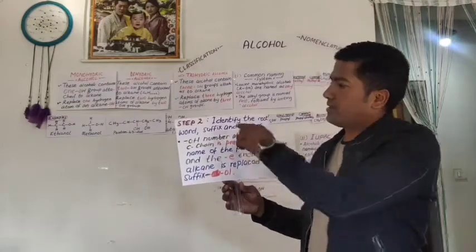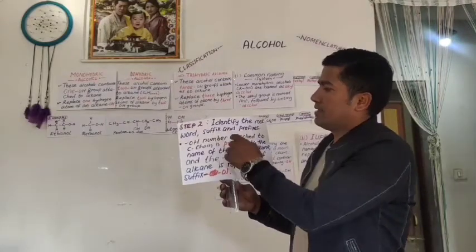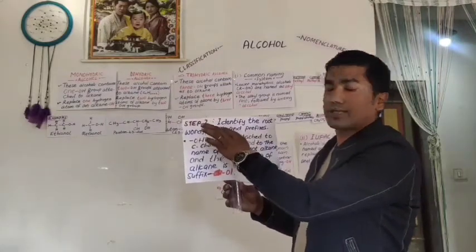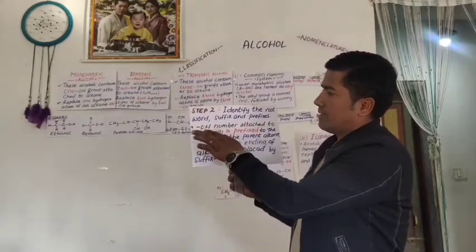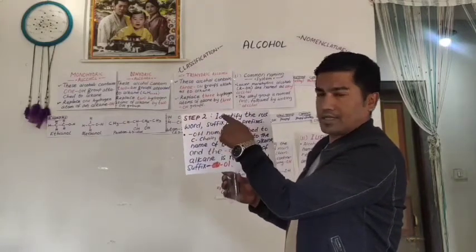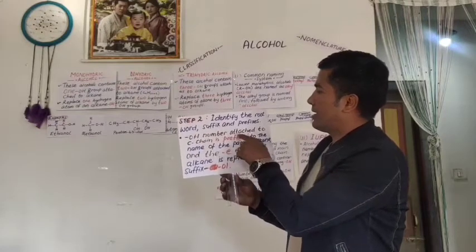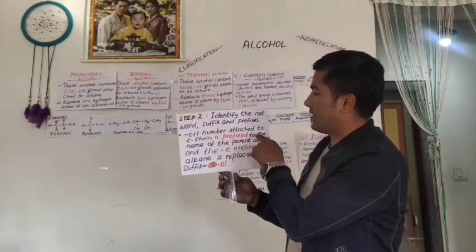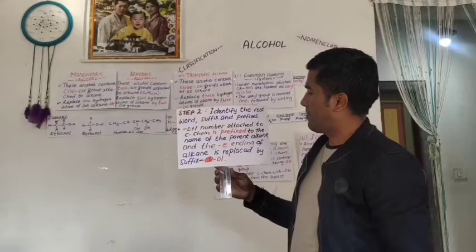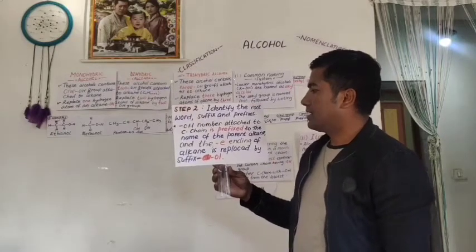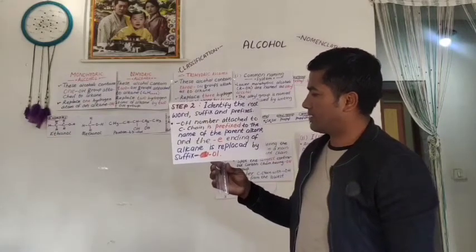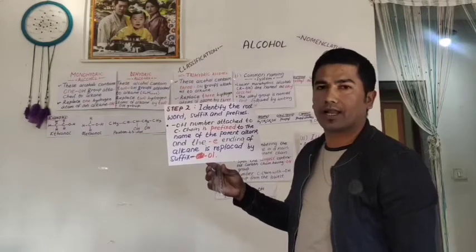after the root word, when the root word is followed by certain names or numbers, it is called a suffix. Now in step 2, what we have to do: the OH number attached to the carbon chain is prefixed to the name of the parent alkane, and the E ending of alkane is replaced by the suffix OL.